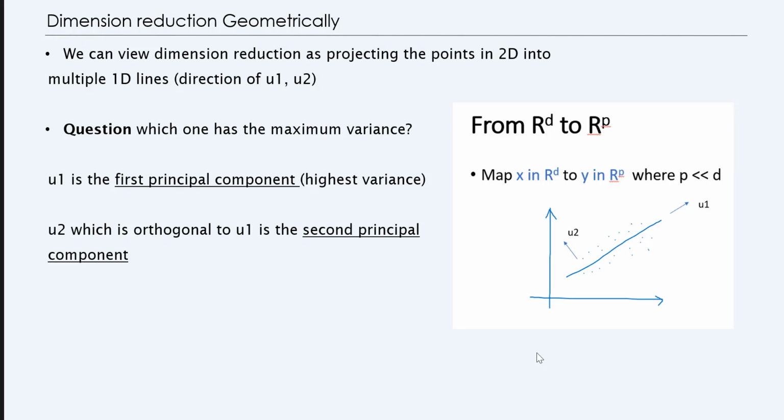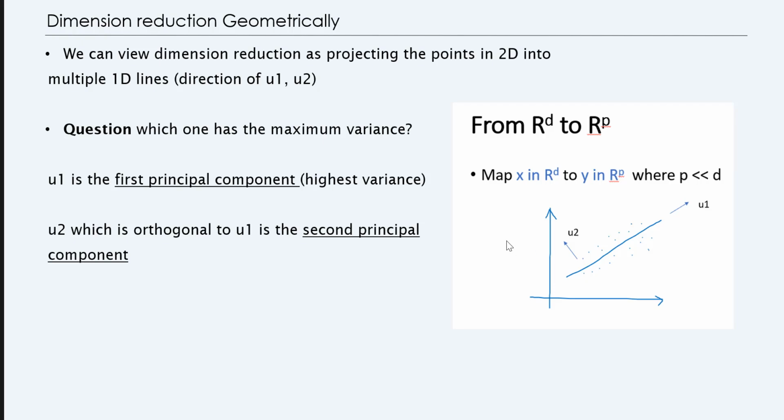So here we try to describe the concept of dimensionality reduction in terms of projecting data points from a higher dimensional space, in this case 2D, into a lower dimensional space, in this case 1D. We raise the question of which direction has the maximum variance, highlighting that the principal components provide the answer.